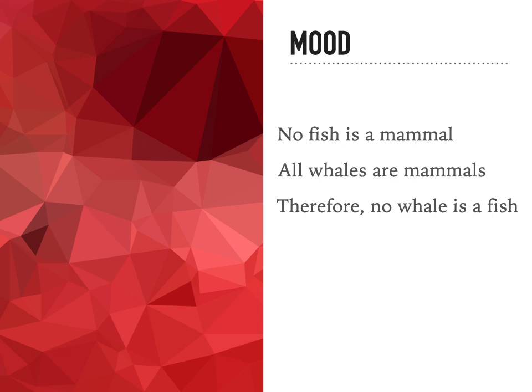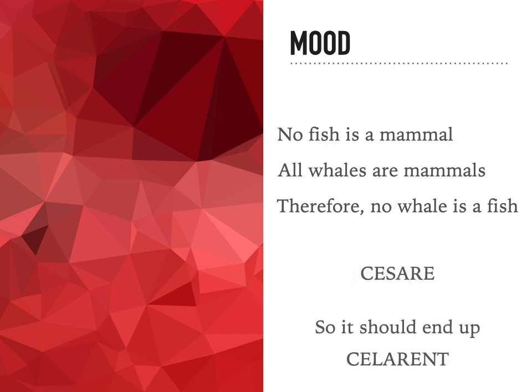First, I want to determine the figure of this. I can see that the middle term is in the predicate for both the statements. Therefore, this is a priori second figure. It goes no fish and all whales. That's E and A. And so this is Cesare. That means if I reduce it, it should end up as Celarent.